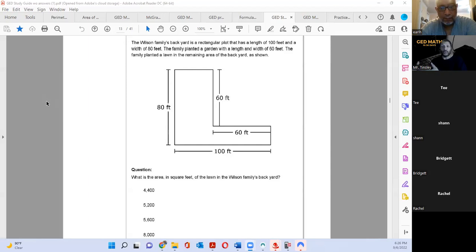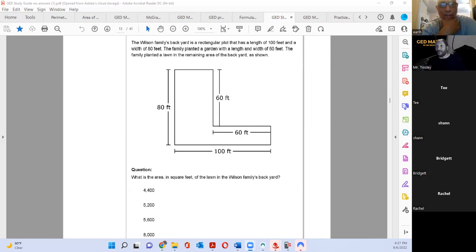Okay, so again, this seems like a much harder question. It's not. Find out what we know. What would your first step be to find the area of this composite shape? Remember, a composite shape is more than one shape put together.